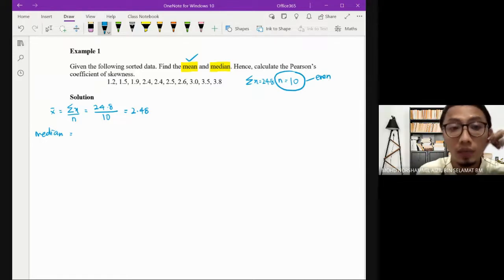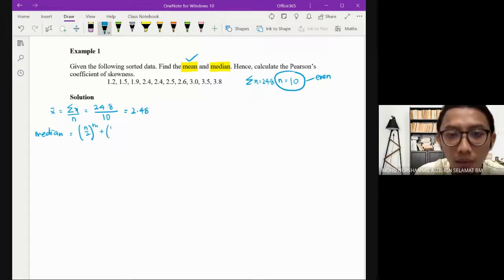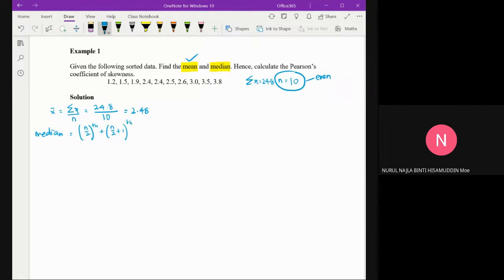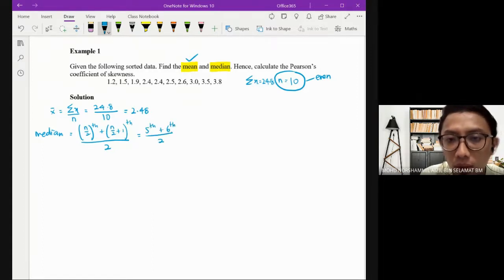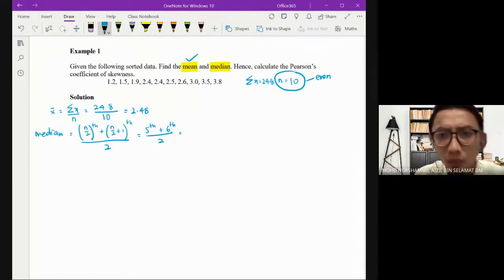If even, we use the formula n/2 and n/2 plus 1 data, then divided by 2. So for n/2 you get the 5th data plus the 6th data.